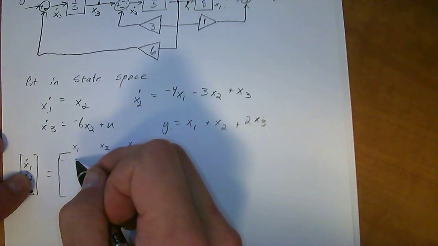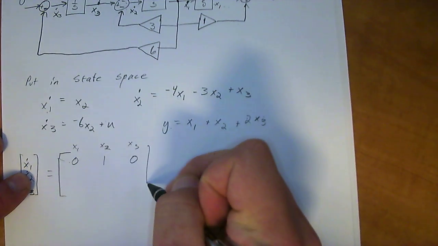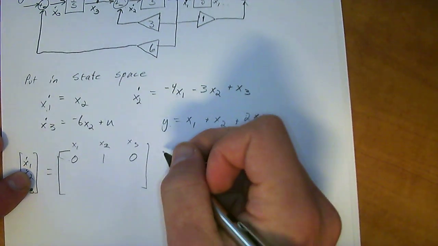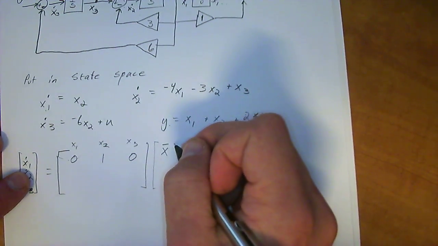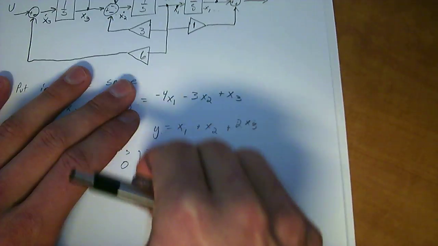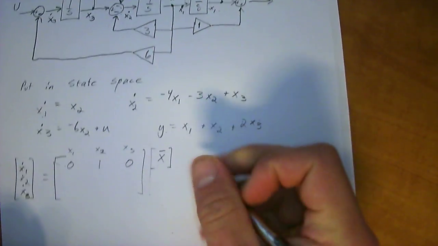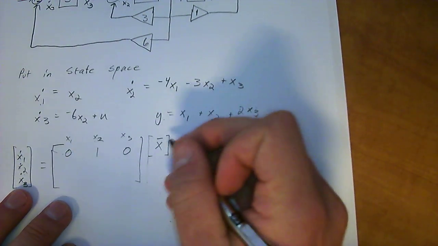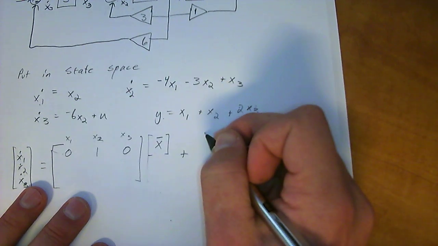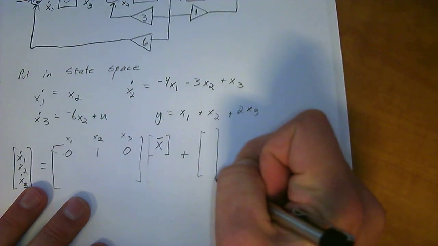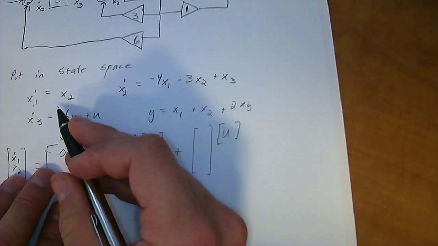So if you're doing the x1 row, you have 0 for x1, you have 1 for x2, you have 0 for x3, and then, actually I missed one little part here, times x bar. I'm just going to call it x bar, which is kind of a common notation. You can do x1, x2, x3 here, but I'm just going to do x bar because it's kind of a useless piece of information. Plus, whatever the vector u is going to be.